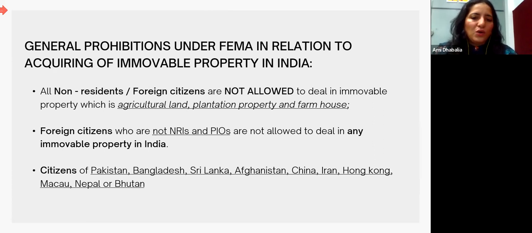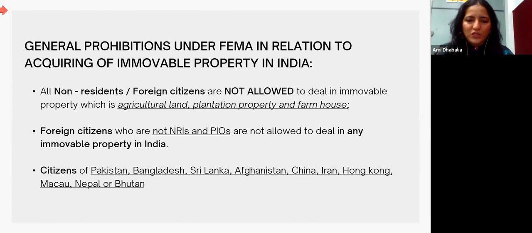Foreign citizens who are not NRI or PIO are not allowed to deal in any immovable property in India. So you can be, let's say, a German origin person living in India, but you don't have an Indian passport. Then you cannot deal in any immovable property in India. If you have an Indian passport, obviously that entire concept will depend upon the passport rules, when a foreign national can get an Indian passport.